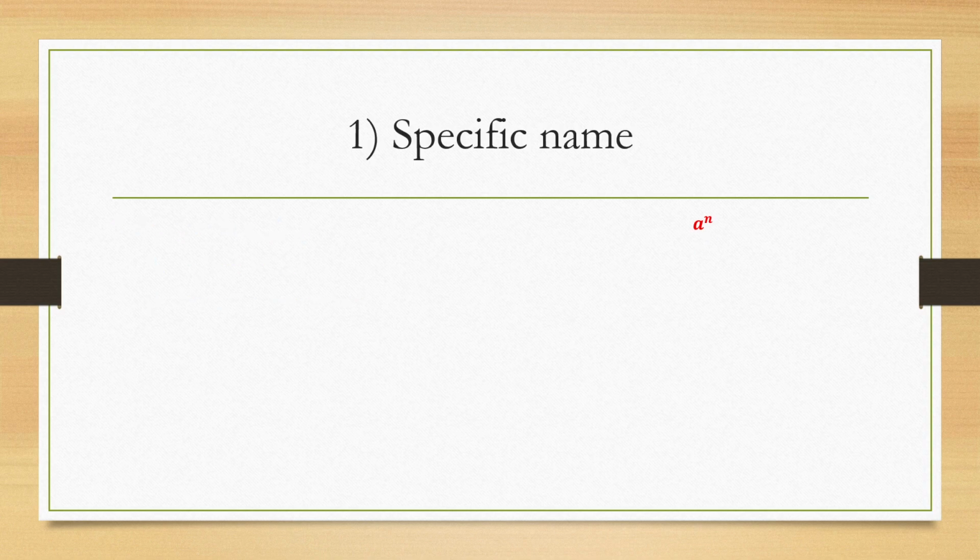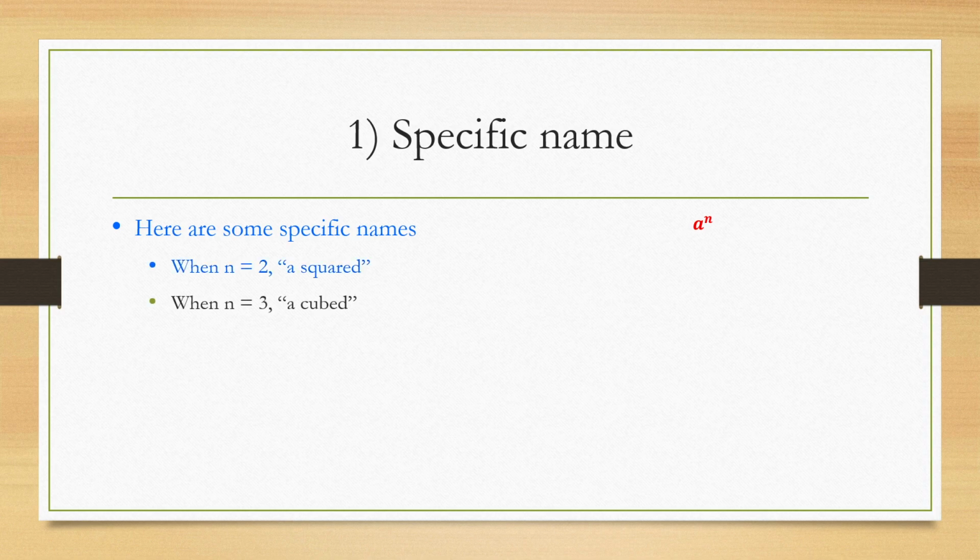So specific names. Here are some specific names. When n equals 2, we say a is squared. When n equals 3, we say a is cubed. When n equals 4, we say a is quartic, or quartile or something.